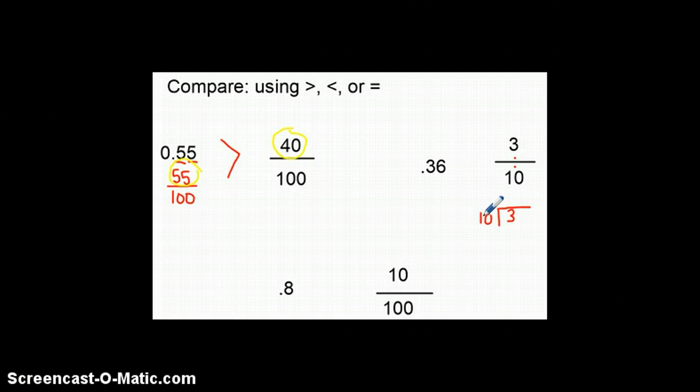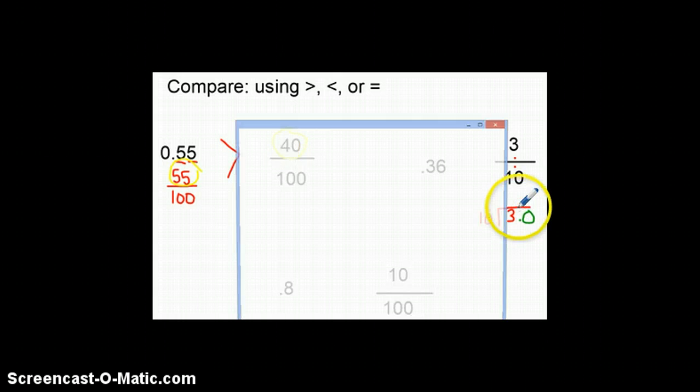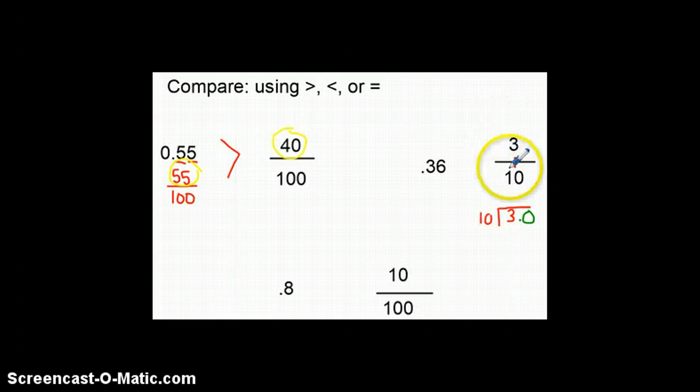You should notice that 10 cannot go into 3, so we need to add our decimal point and 0. We have to remember to bring up that decimal. Now 10 goes into 30 3 times. So now 0.36 is being compared to 0.3.